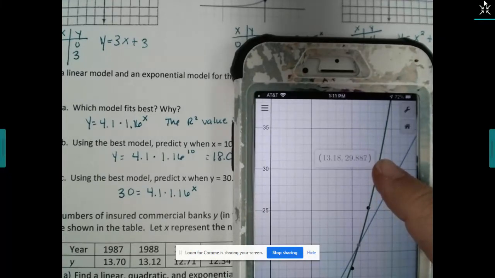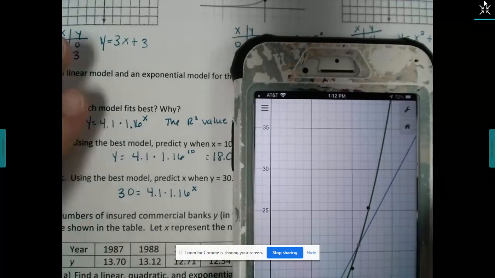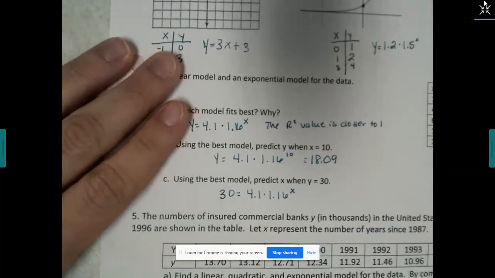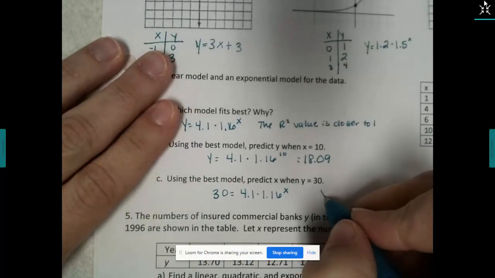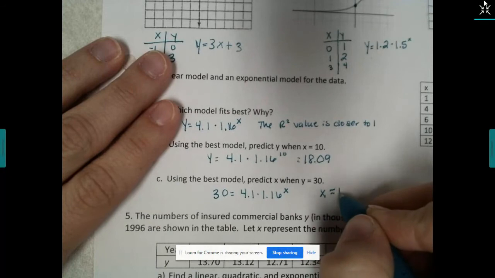Hopefully we can get right at it. And that might be the closest that we're going to get. So it's around 13.2-ish is when our y value is going to be 30. So x is about 13.2.